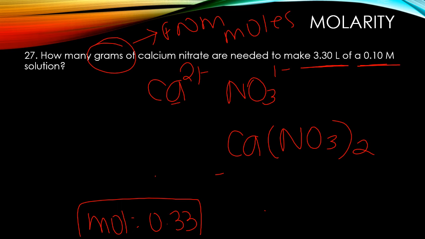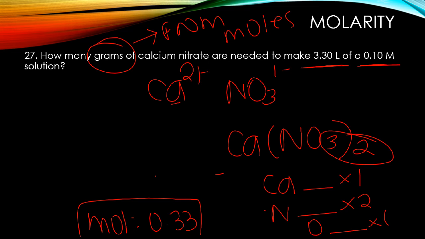Now remember, when you're solving for molar mass, the calcium will get multiplied by 1. Nitrogen's molar mass will get multiplied by 2. Oxygen's molar mass will get multiplied by 6. That 2 means that there are total 6 oxygens.